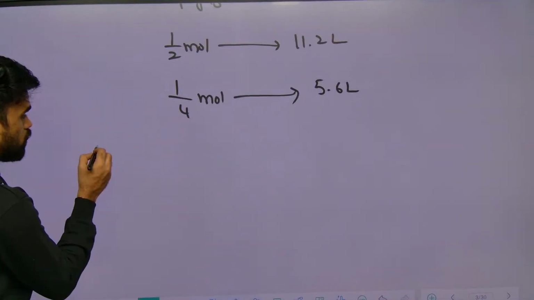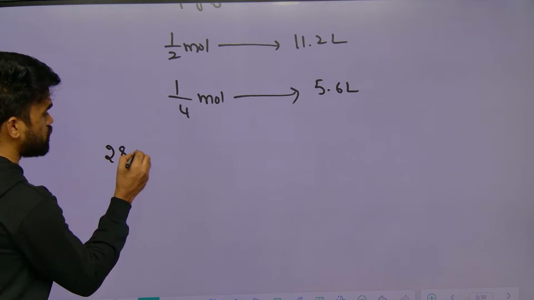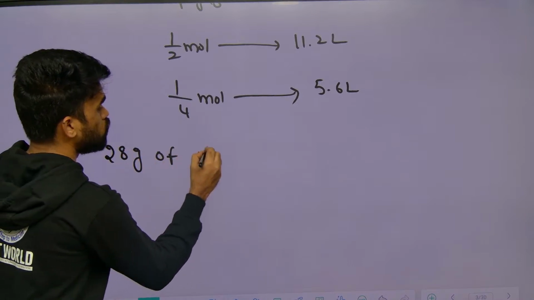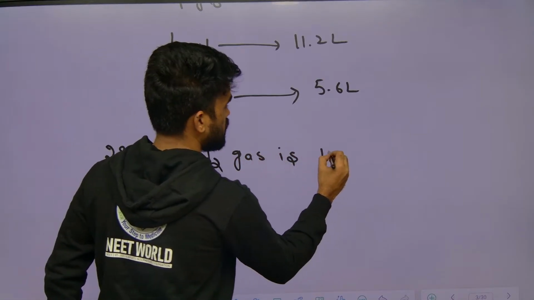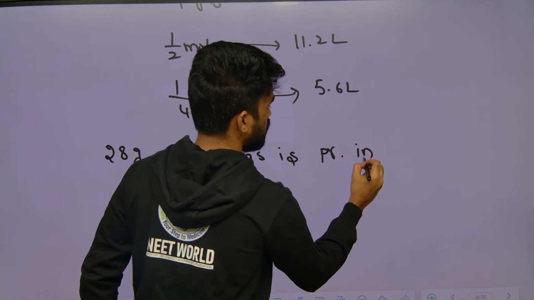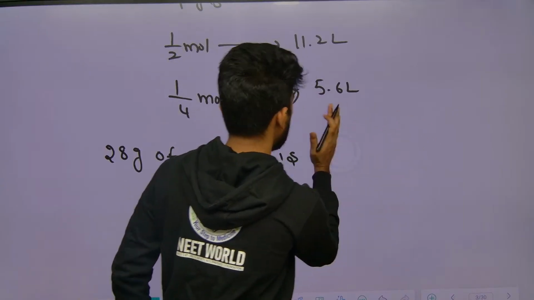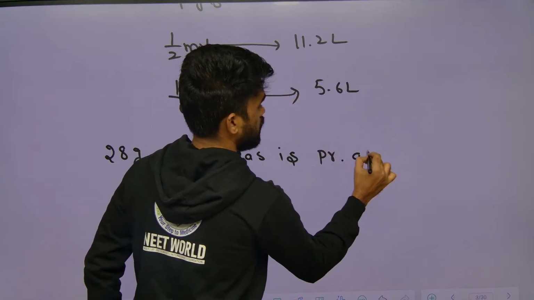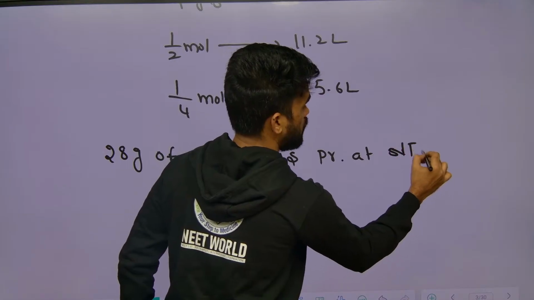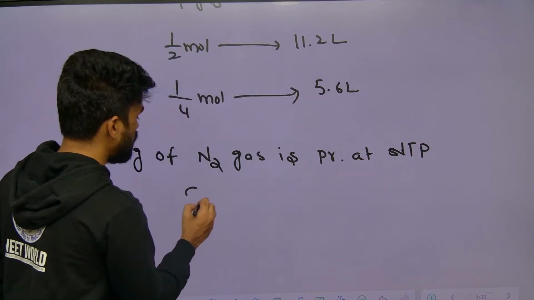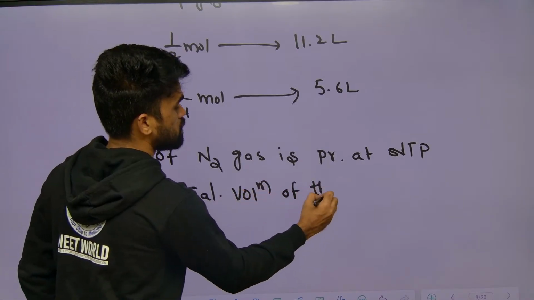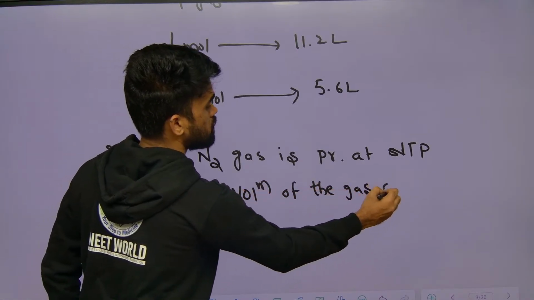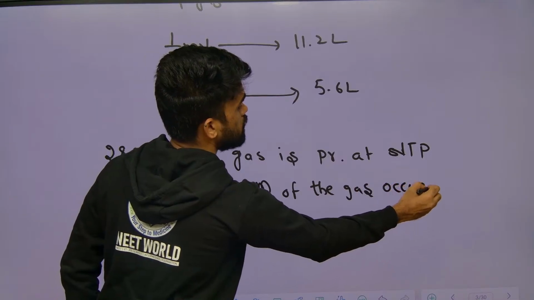I am asking a question like this: 28 grams of N2 gas is present at NTP. Calculate the volume occupied by the gas at this condition.